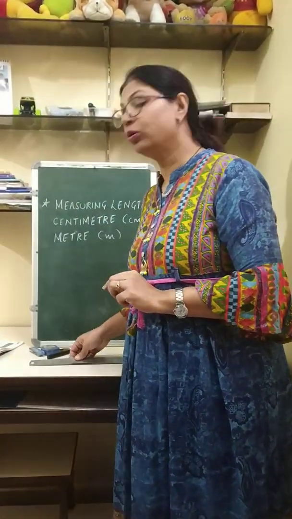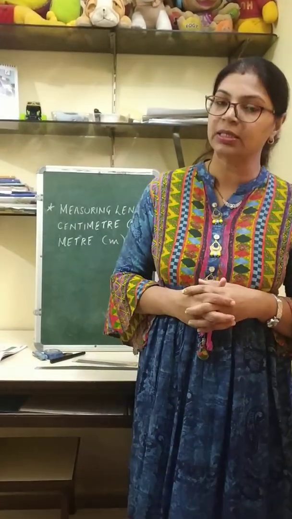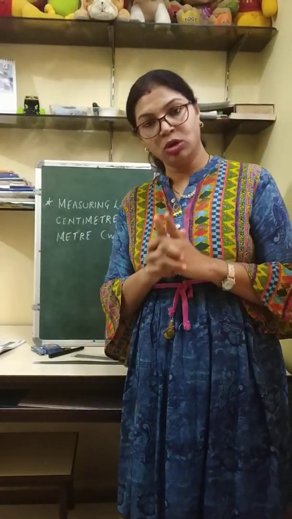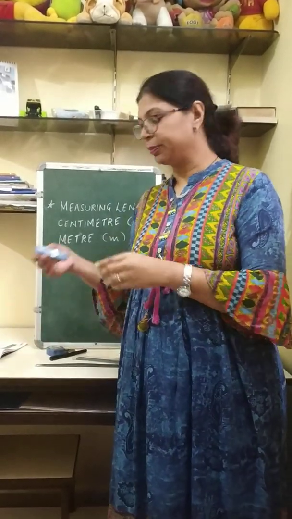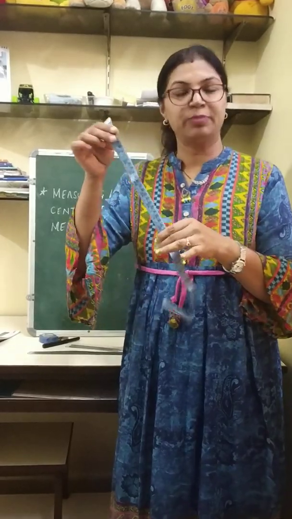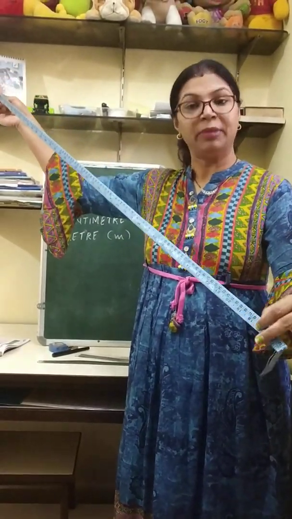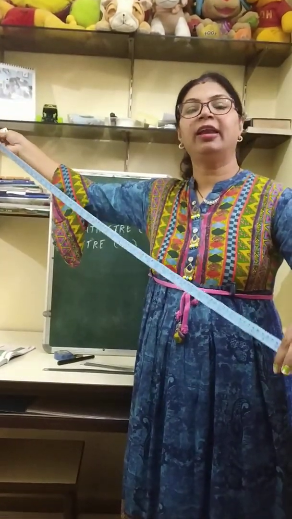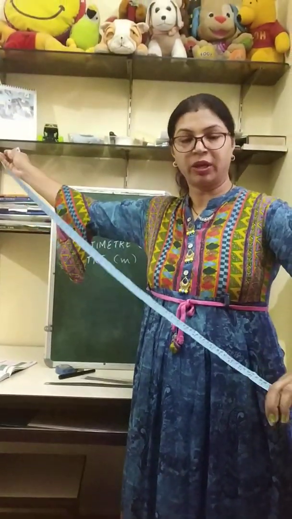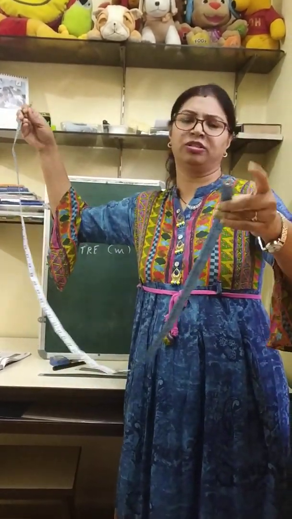Now to measure bigger lengths, we use either a meter scale, or we also use inch tapes like these. These are called inch tapes or measuring tapes. Basically, this type of tape is called a measuring tape. They can measure bigger units in meter, centimeter or inches.